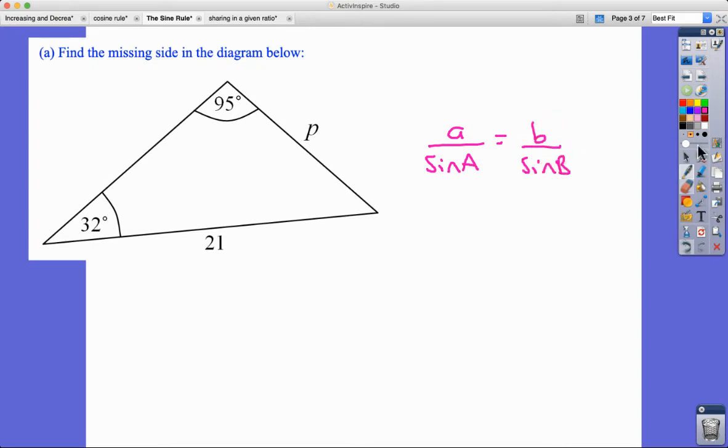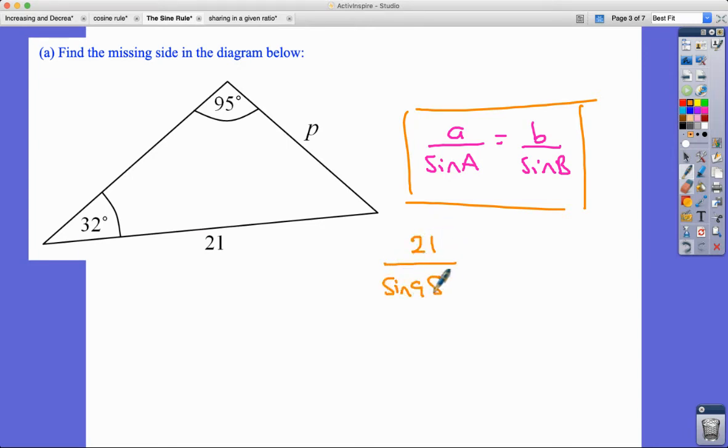So let's have a look at one more with finding the side length. Here's the sine rule, I know a pairing. I know this pairing, should I say. I'm trying to find p. So we can say that 21 over sine 95 is equal to p over sine 32.